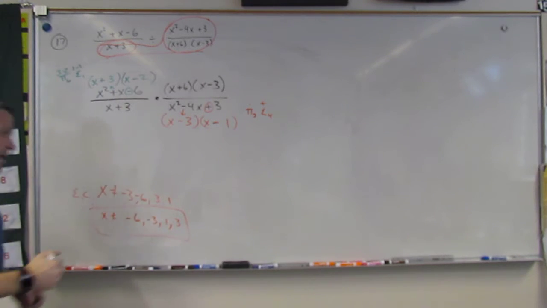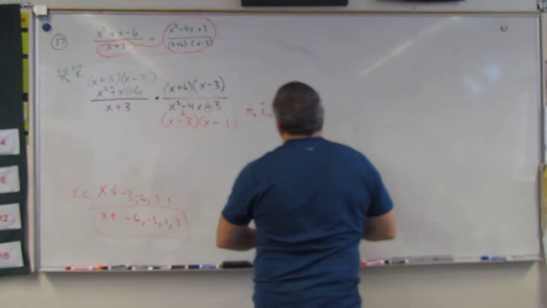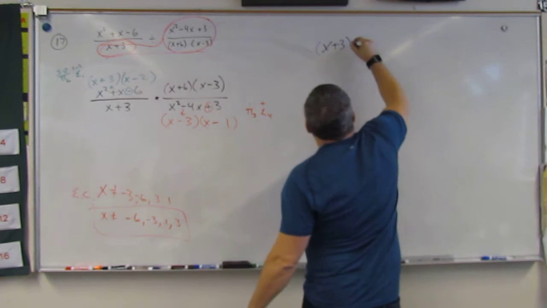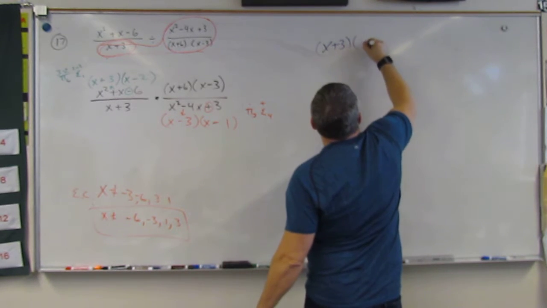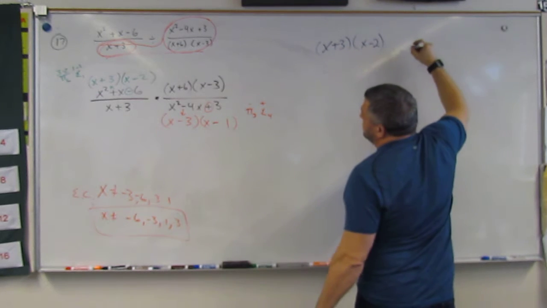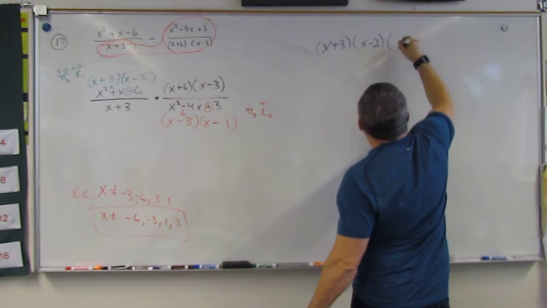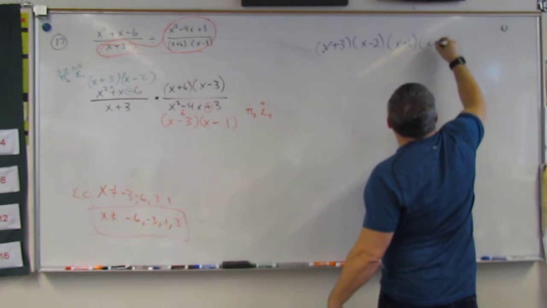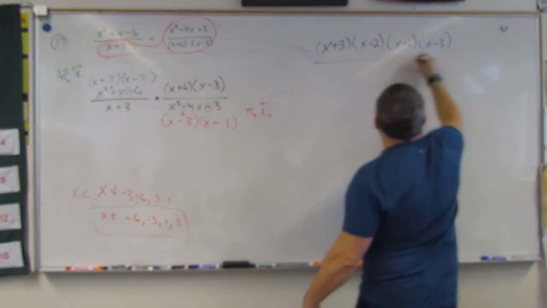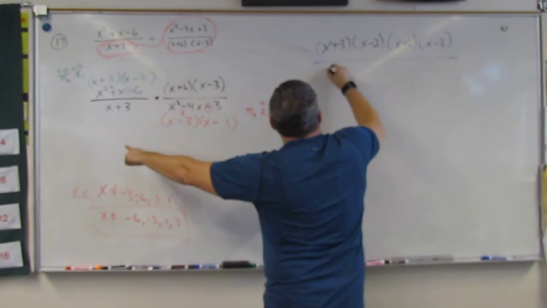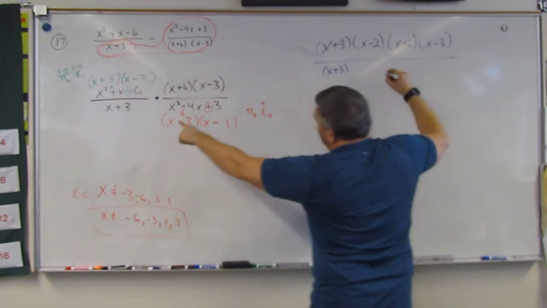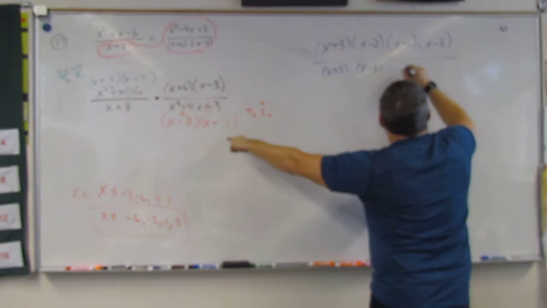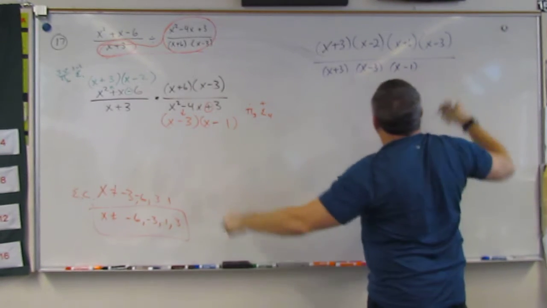Okay. Now I'm going to rewrite this. So I have x plus 3 times x minus 2 times x plus 6 times x minus 3 all over x plus 3 times x minus 3 times x minus 1.